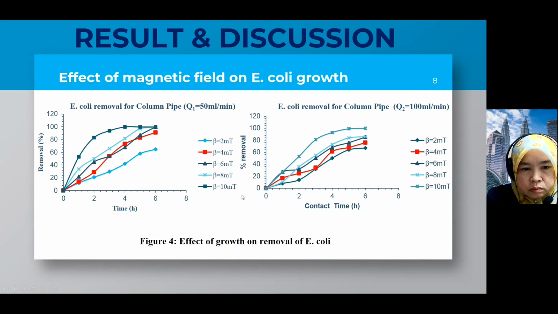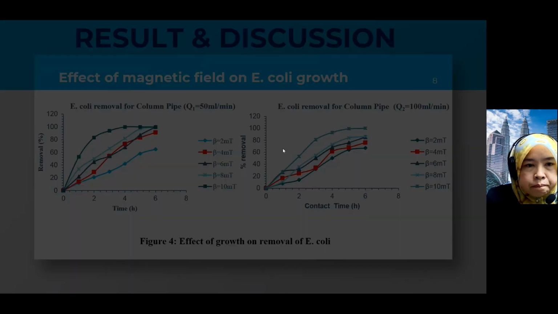So it concludes that the removal in the pipe using 15 ml per minute is higher than in the pipe with flow rate 100 ml per minute.